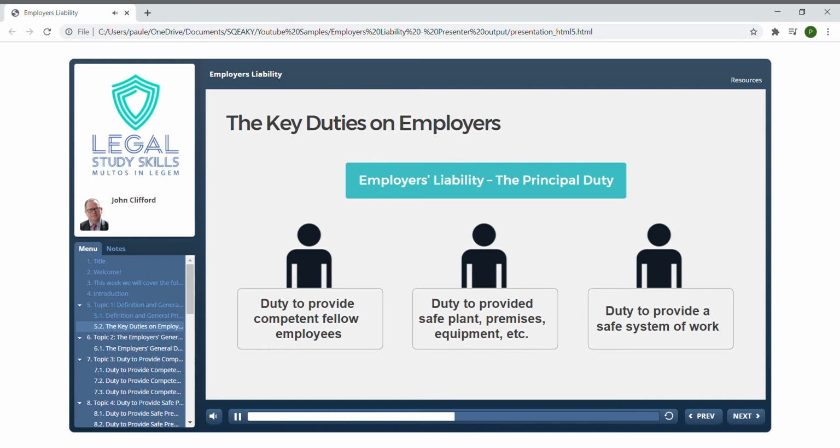Now you'll quickly determine that the first two are quite specific. The duty to provide competent employees and to provide safe plant, premises, and so on. They're quite specific in their remit, whereas the last one is very generic. It basically catches everything not in the first two. Some even argue the last one is actually the only one you need because the other two are incorporated within it.